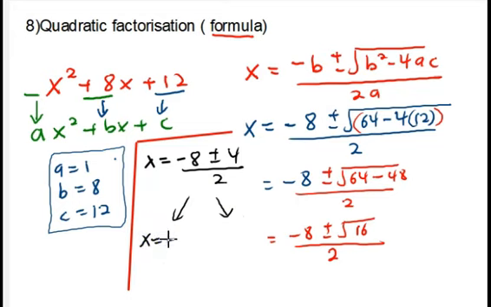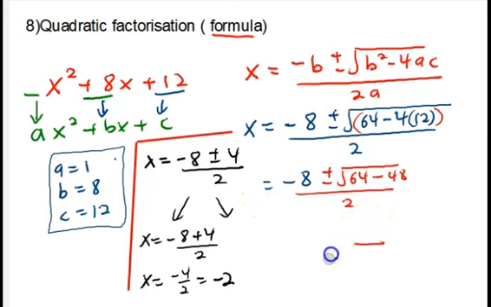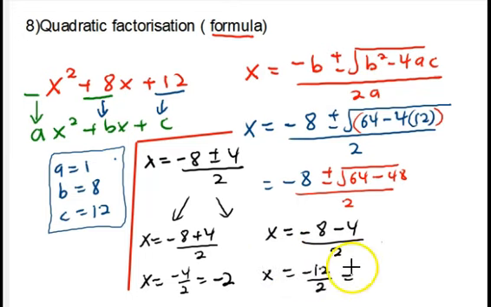One is x equals -8 plus 4 over 2, which means -4 over 2, so you get -2. The other one, let me erase this part, x equals -8 minus 4 over 2. So x here is -12 divided by 2.